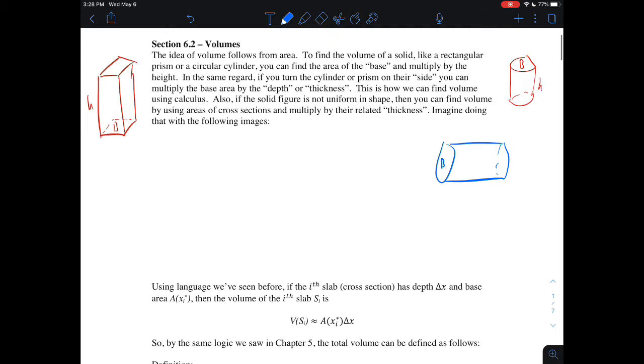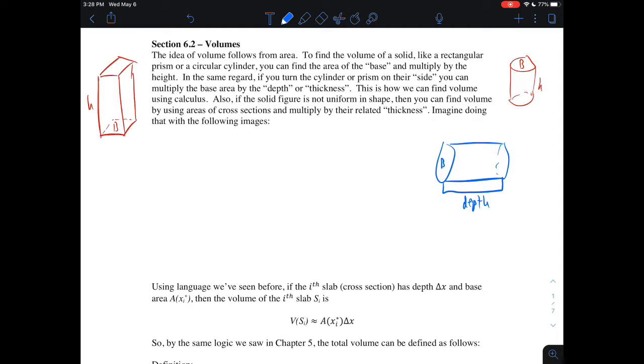In this case, instead of height, now you have a thickness, which you can also think of as depth. We're just playing around with dimensions and how you can perceive things. This is how we can find volume using calculus, what I've done here with the cylinder. We're going to start orienting things this way to try to find the volume.